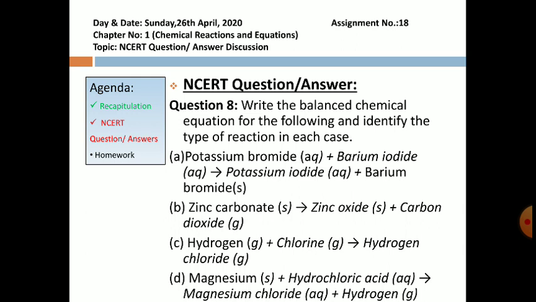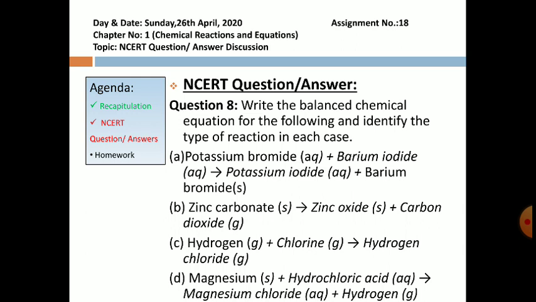So balanced chemical equation becomes 2KBr plus BaI2 gives 2KI plus BaBr2. It is a double displacement reaction.